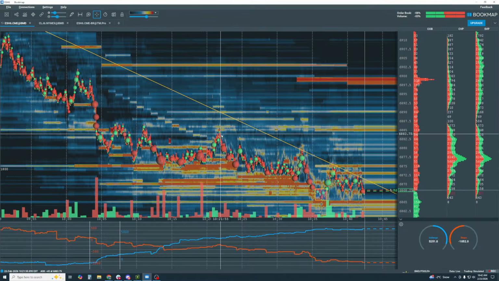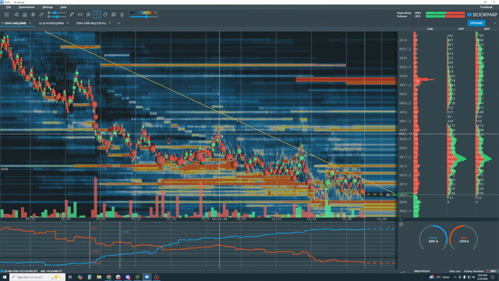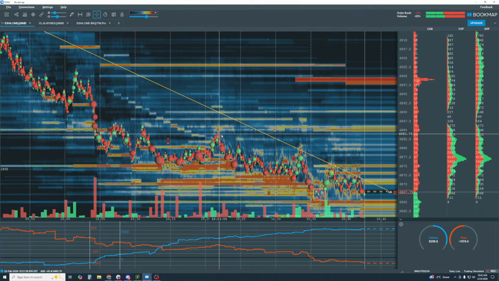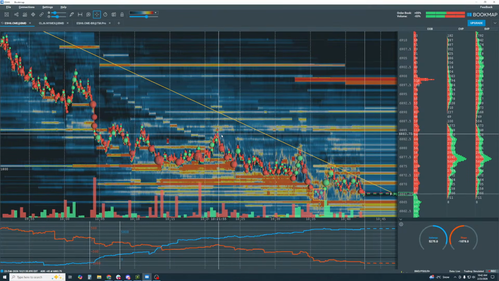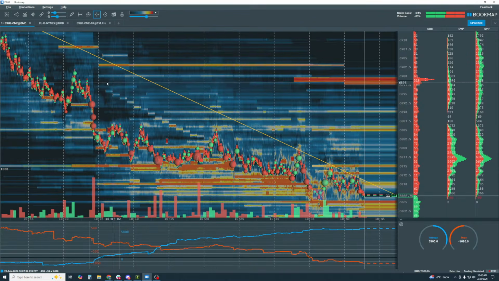Or the context might be there's heavy supply up there, and there are some buyers, but they can't trade through that. Or both. Or maybe there's no supply up there at all, and instead the market just exhausts out and there are no buyers. And then we look for the continuation move to the downside, the bigger picture.